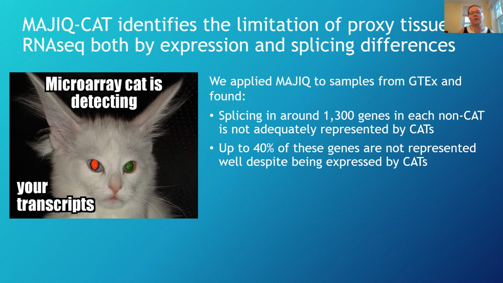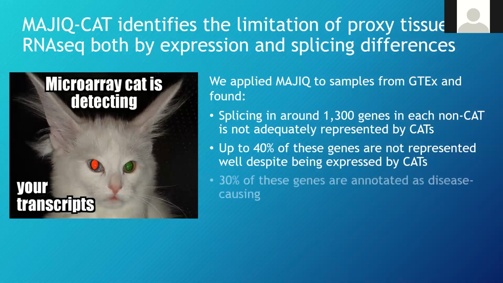But even if it's in the brain, say, we know that this is a gene that's important in the brain. If it's expressed in blood, even despite that, 40% of the splice variants aren't going to be there. So it's not enough to say it's just expressed there.